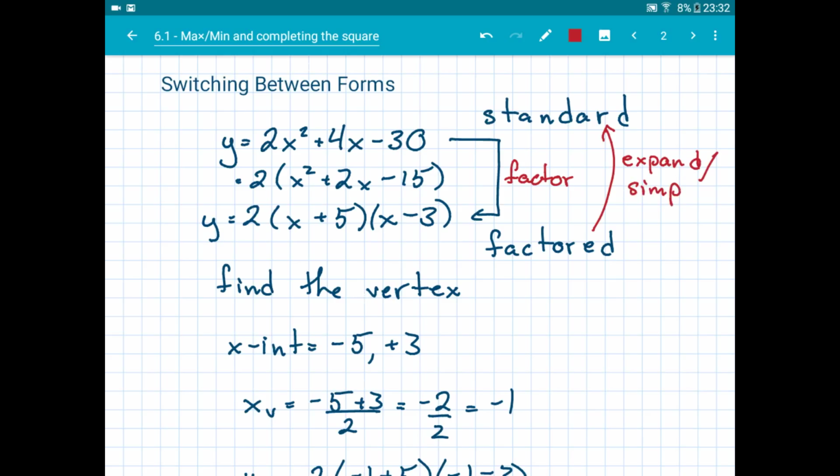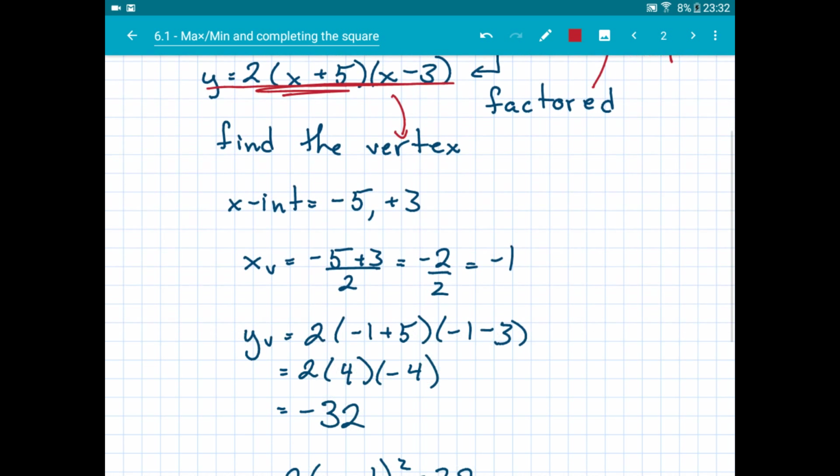Now if you wanted to go from factored form to vertex form, well, we had a way of doing that already. So what we were able to do was read the x-intercepts off of R and S, find the midpoint between those x-intercepts, so in this case it would be -1.